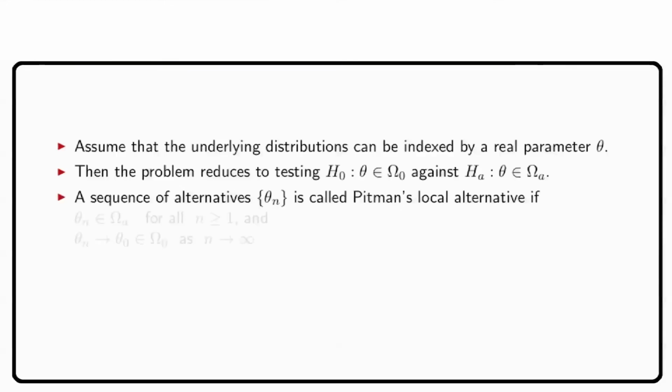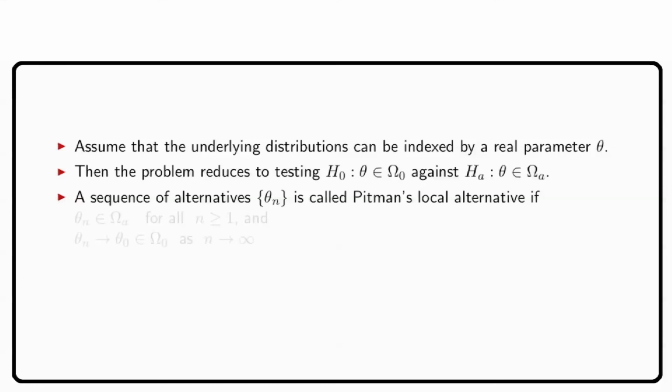Next we come to asymptotic relative efficiency, which is abbreviated by ARE. Now E12 depends on alpha, beta and G star, and hence, as discussed earlier, makes the comparison difficult. Thus, before defining the asymptotic relative efficiency, we discuss the concept of local alternatives and asymptotic power, and that asymptotic power is abbreviated by AP.